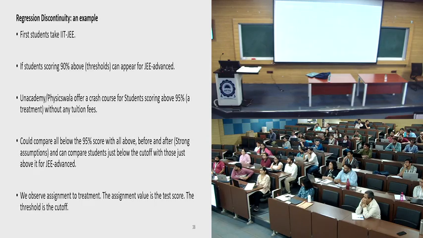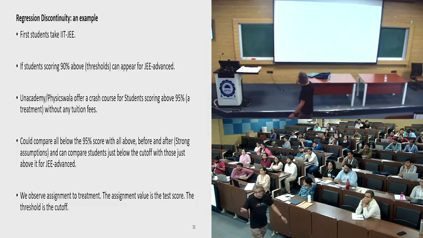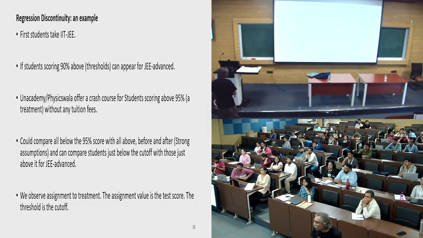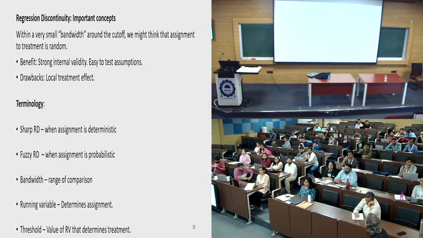I do think Physics Wallah or Unacademy or whatever are giving some discounts to those who got 95% or something like that, or maybe 93. I have no idea. But this is a kind of real example.